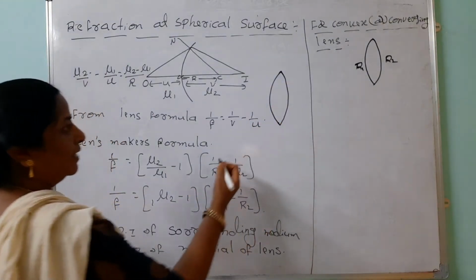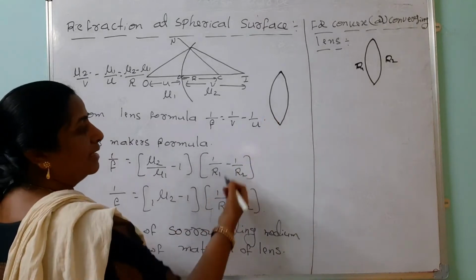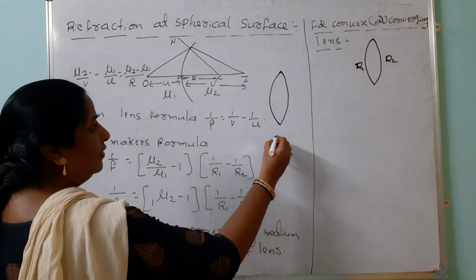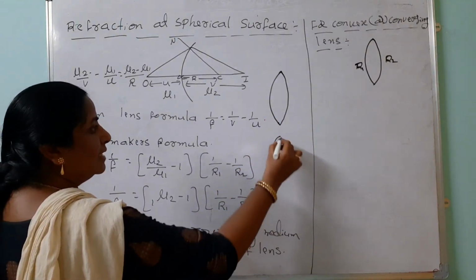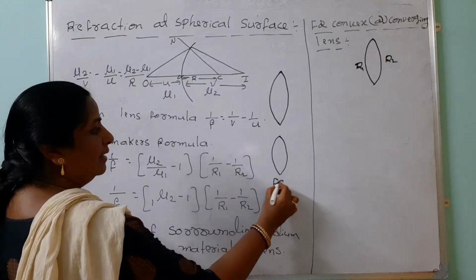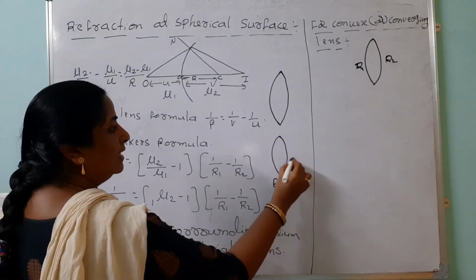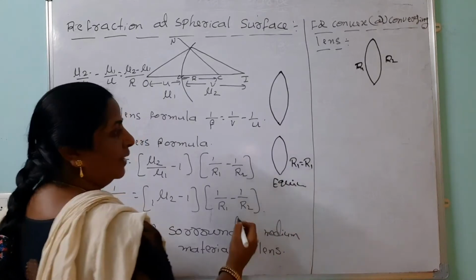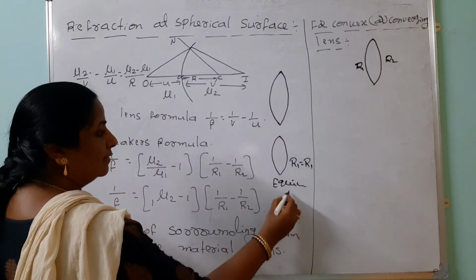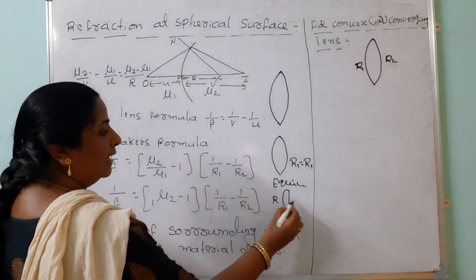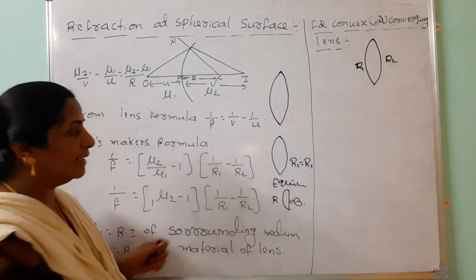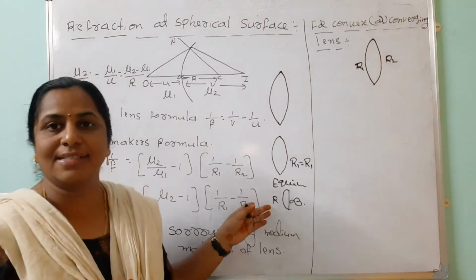This is the biconvex lens, having two radii of curvature. If both are equal, this is the equiconvex lens. Here r1 equals r2. And for a plano-convex lens, this is r and this is infinity. Like that there are different types of convex lenses.